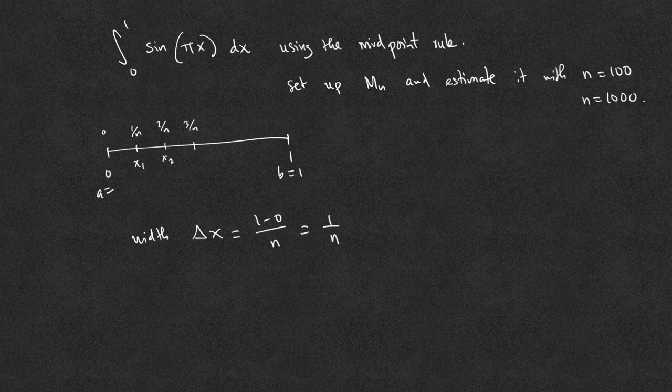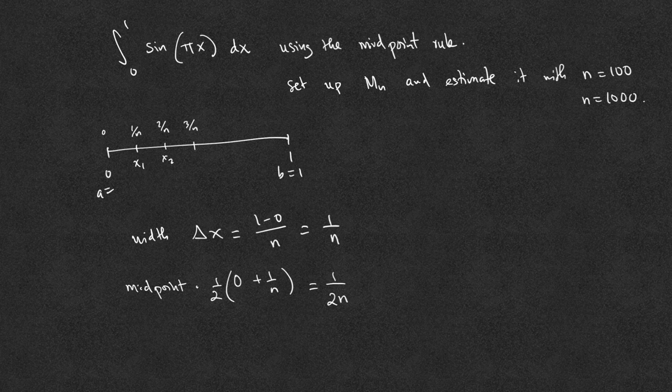If we want to use the midpoint, then first we compute the midpoint of the first interval, which is 0 plus 1 over n, and then we divide it by 2. So this is 1/2 of 1 over n, or 1 over 2n.